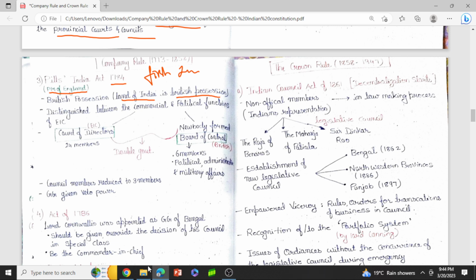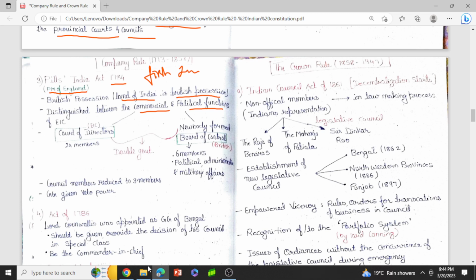This particular act distinguished between the commercial and political functions of the East India Company for the first time. Earlier, there was no such differentiation, there were only the legislative powers.